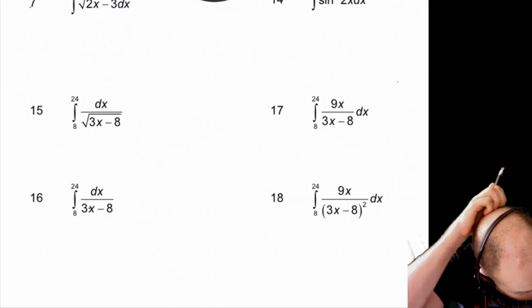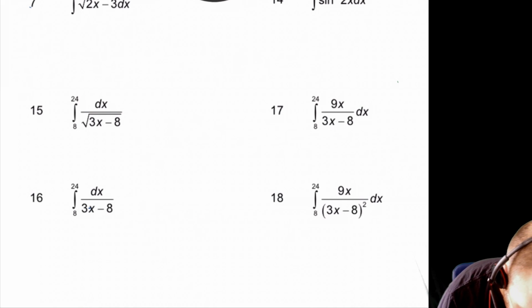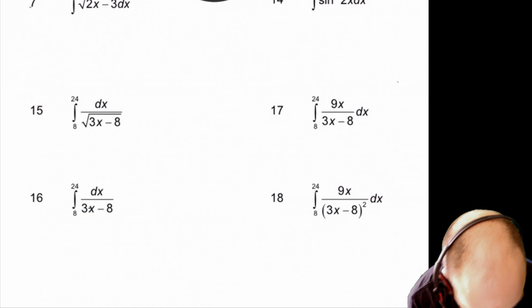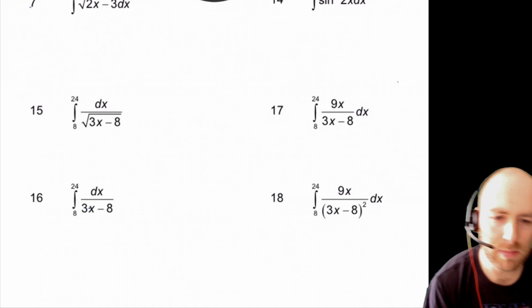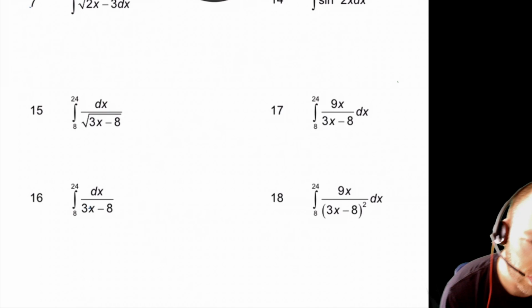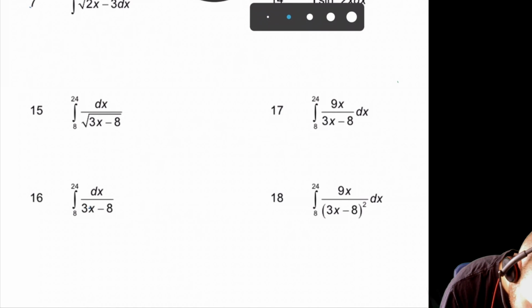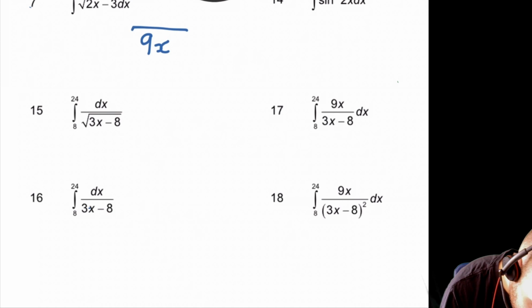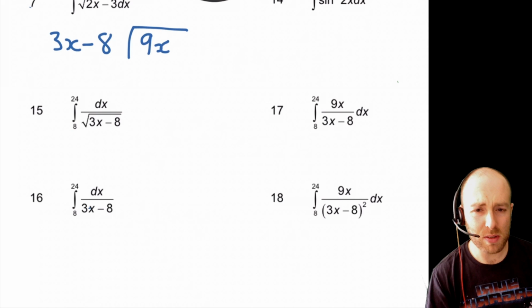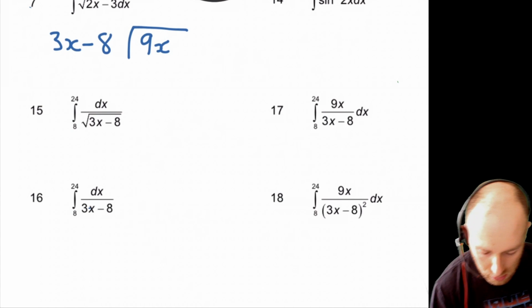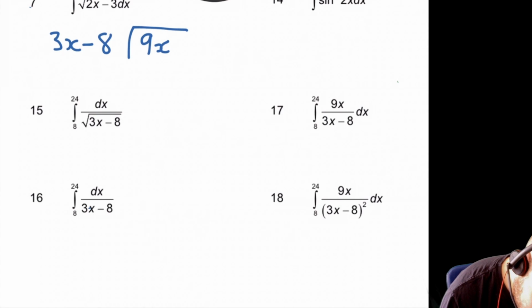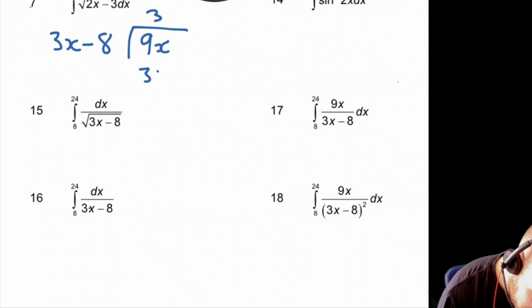Second one is going to be log. No, it's not. Second one, we've got to use some long division on this one. Or I suppose you could probably get away with substitution as well. I'm going to use long division though. So 9x divided by 3x, we get 3.